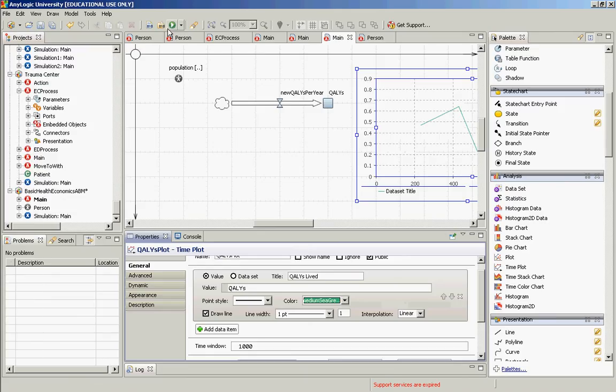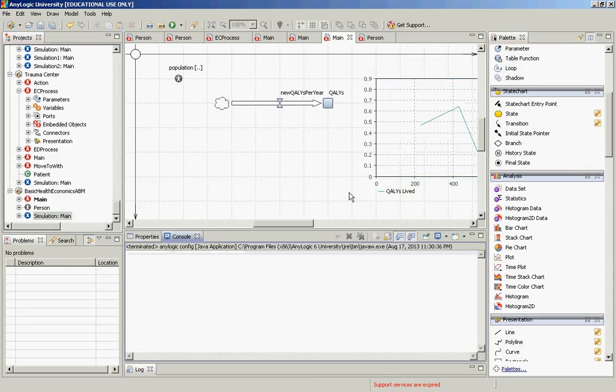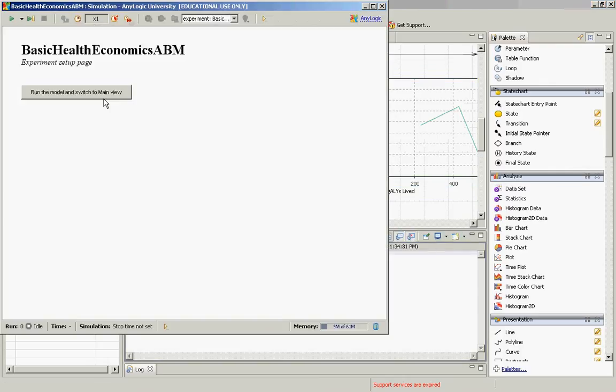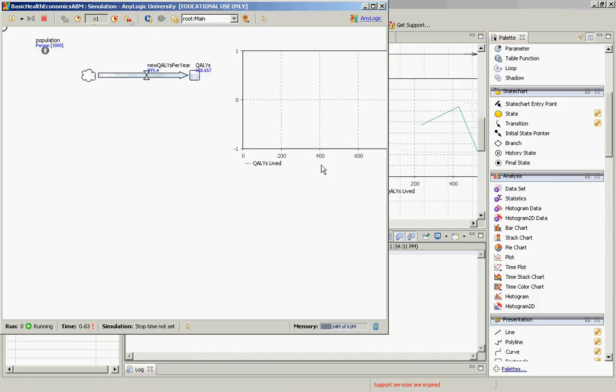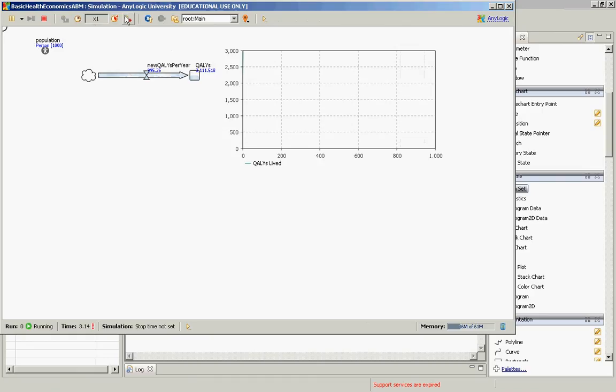Okay. So let's again save. It's good practice to do this compile, and make sure it builds successfully, as indicated in the lower left. And we'll run this again. And here we have a situation where we should be seeing values accumulate.